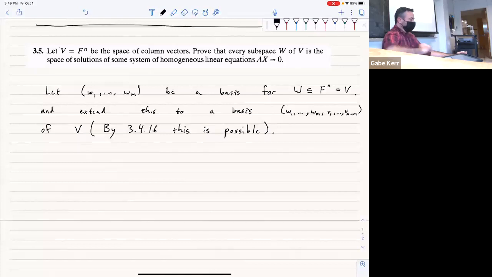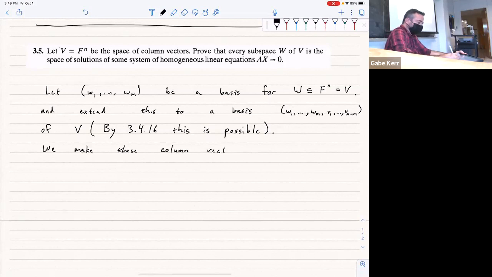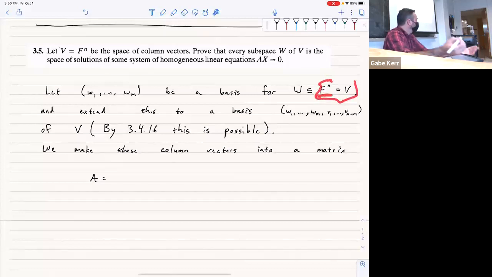We've got a basis of W and we've extended it to a full basis of our vector space V. Now, the setup of the problem is not just an abstract vector space V, we actually are dealing with column vectors. So each one of these we can put into a column, and make them into a matrix A.